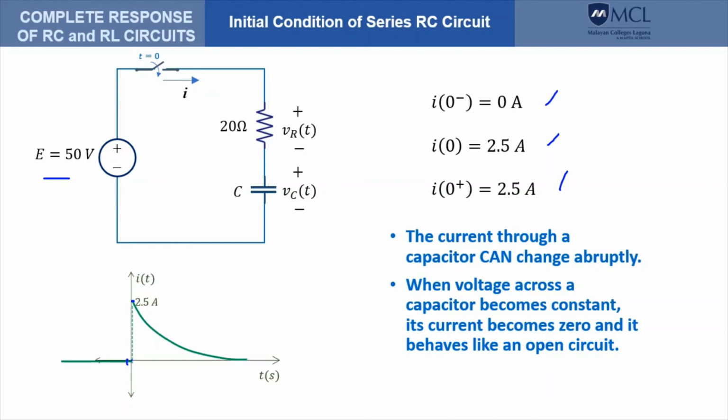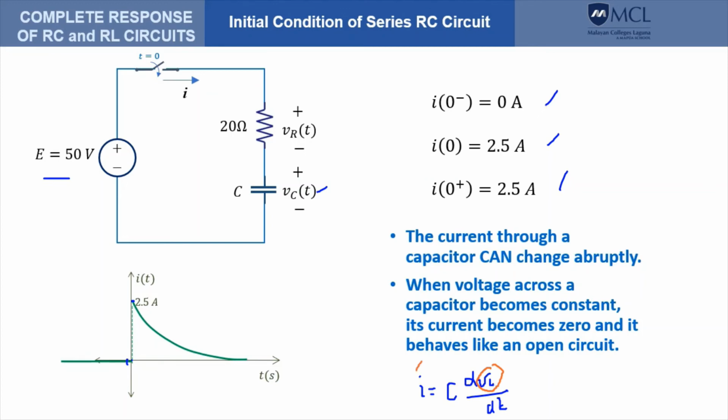When the voltage across a capacitor becomes constant, the current becomes 0, because, take note, the current through the capacitor is I = C dVc/dt. If Vc is a constant, getting the derivative will give you 0.